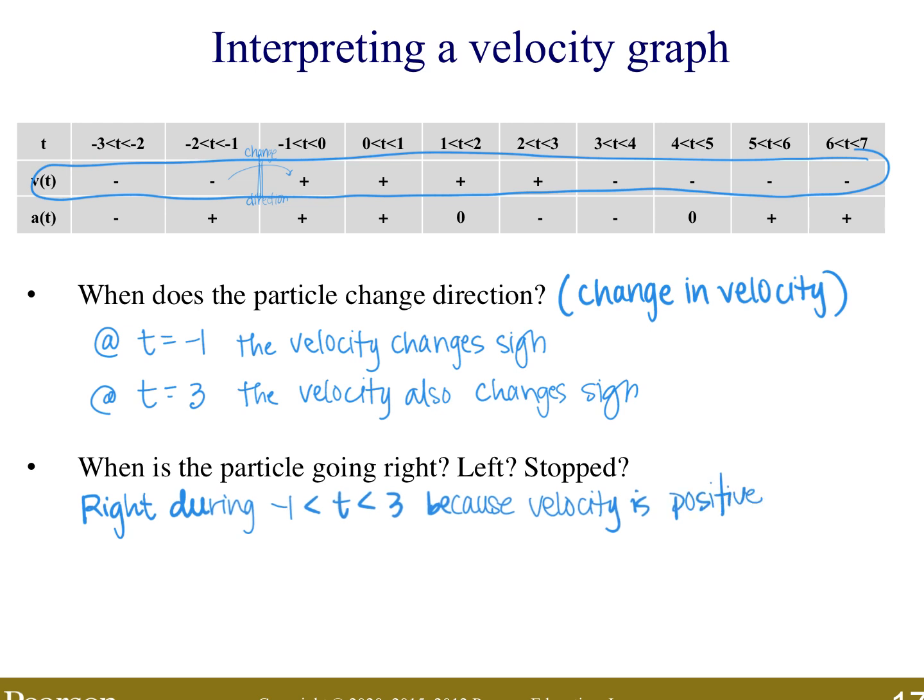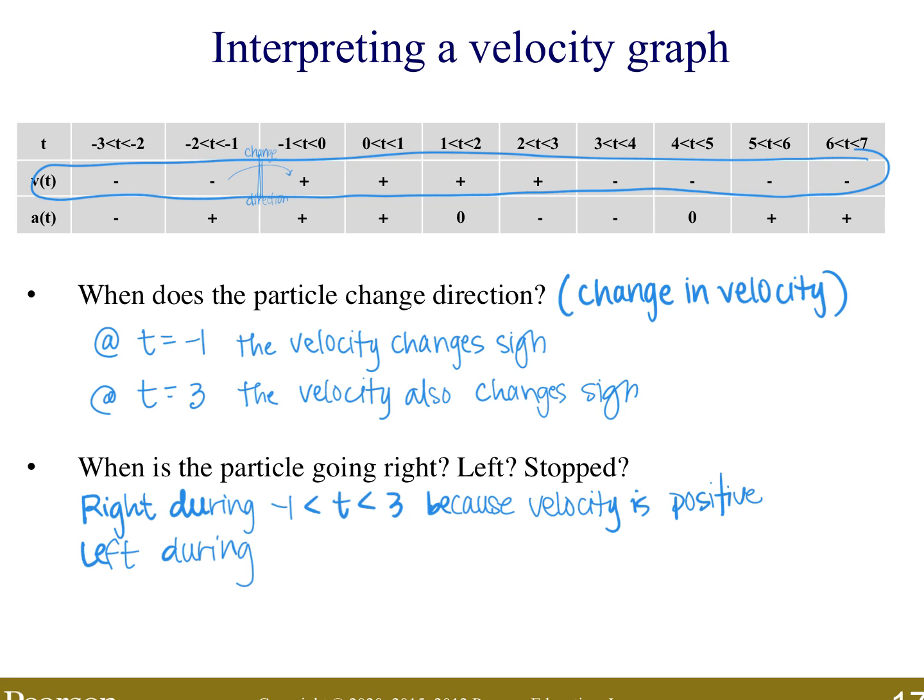All right, anybody want to tackle left? When is the particle going to the left? I'll get you started. Left during, tell me when. Not everywhere else. Not all real numbers. Yeah, Weston.